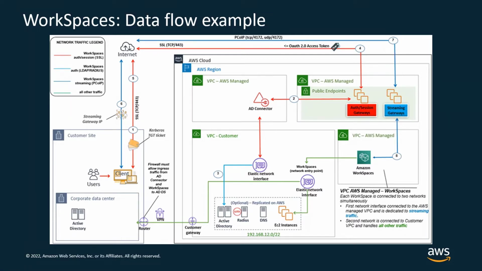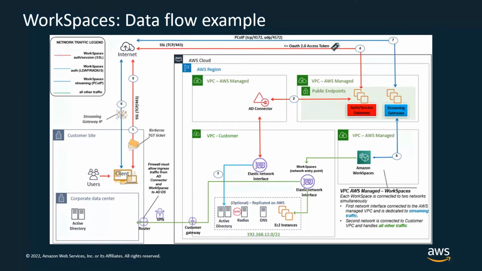So over on the left-hand side, you can see the streaming gateway IP with binary ones and zeros. That is all happening over PC over IP, which is TCP and UDP ports 4172.